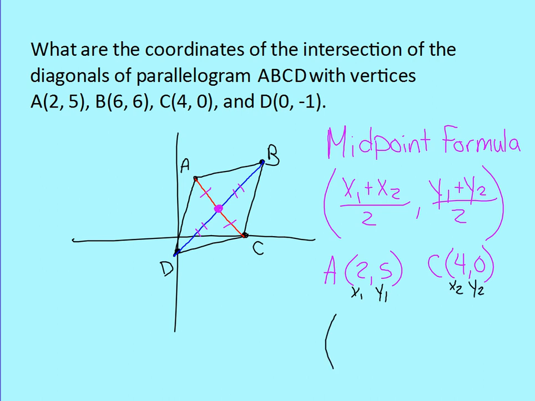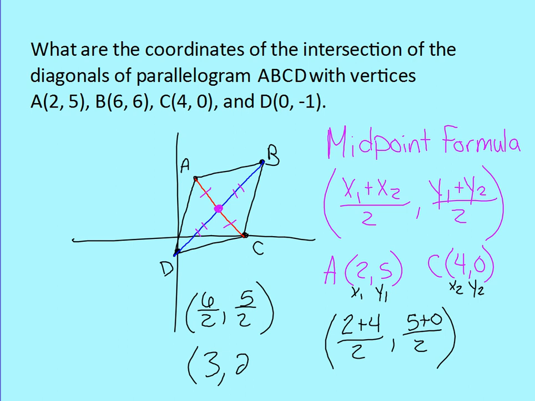So if we plug this in, we're going to have 2 plus 4 over 2, and we have 5 plus 0 over 2. 2 plus 4 is going to give us 6. 5 plus 0 is 5. And if we reduce this, we're going to get 3 and 2.5. So our point of intersection, if you did the other diagonal, if you did B and D, you would still get that our intersection is at 3 and 2.5.